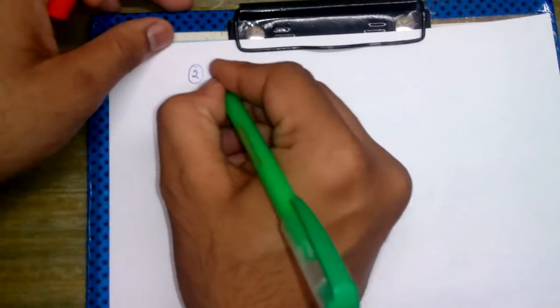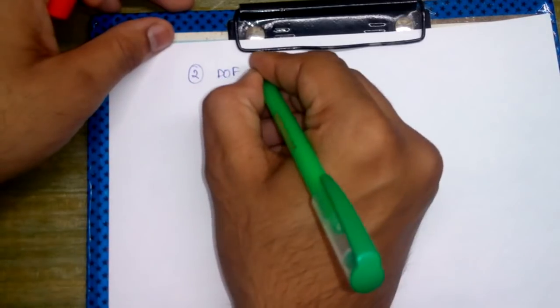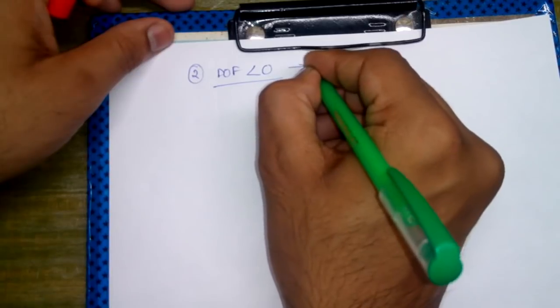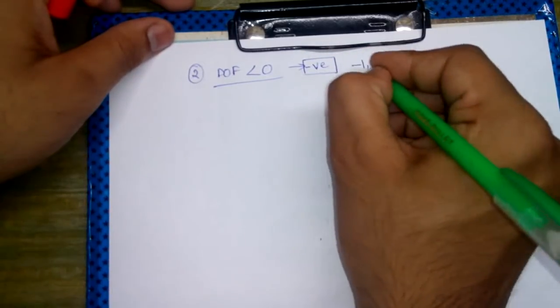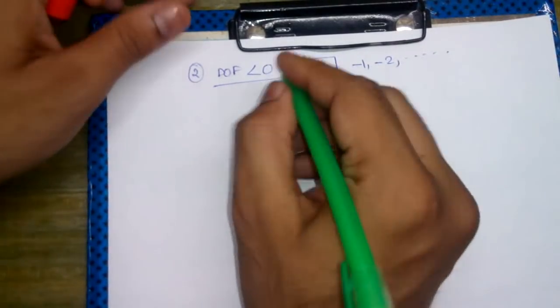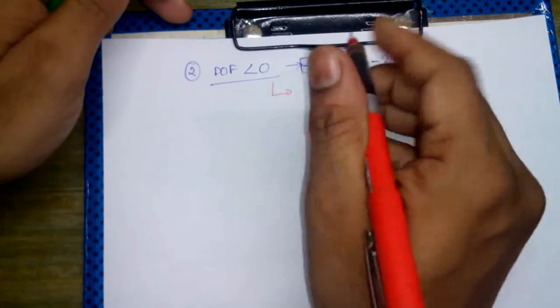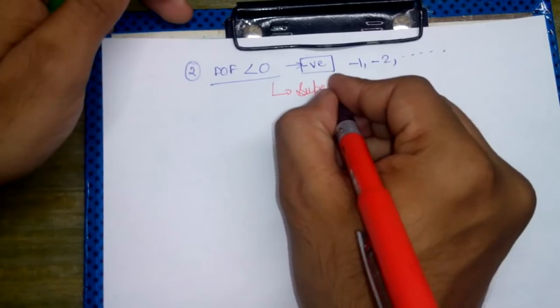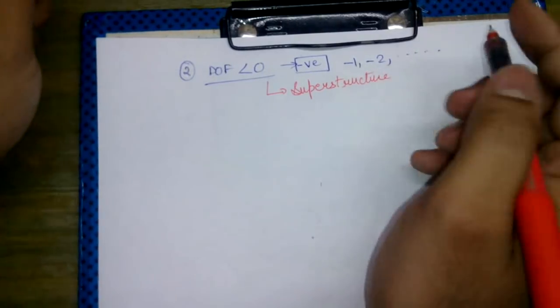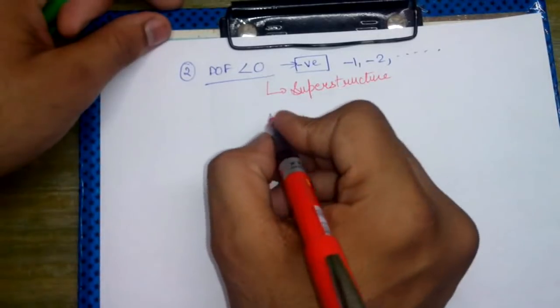Next case: if the degree of freedom is less than 0, that means it gets a negative value, for example -1, -2 and so on. Then it becomes a superstructure, or an indeterminate structure.